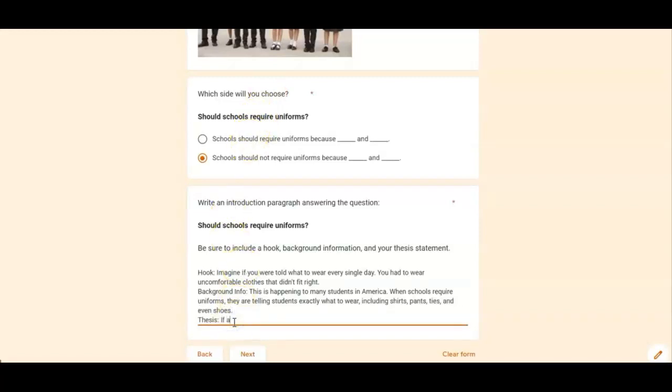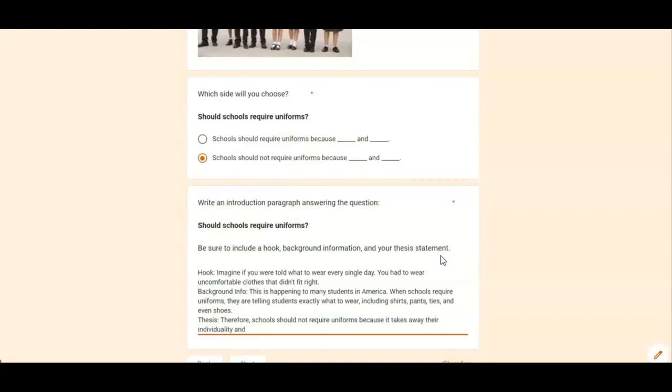Okay, and then my thesis statement, therefore, schools should not require uniforms. Okay, and I'm following this format up here because it takes away their individuality and it does not teach them to dress responsibly in their future.